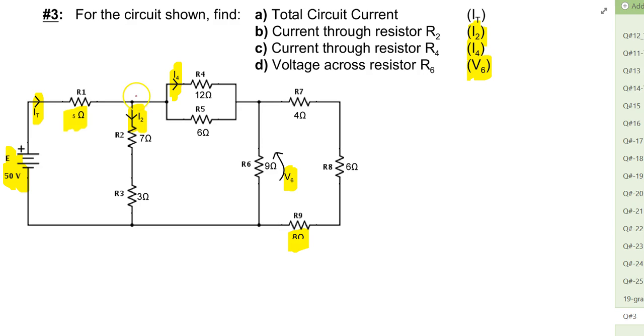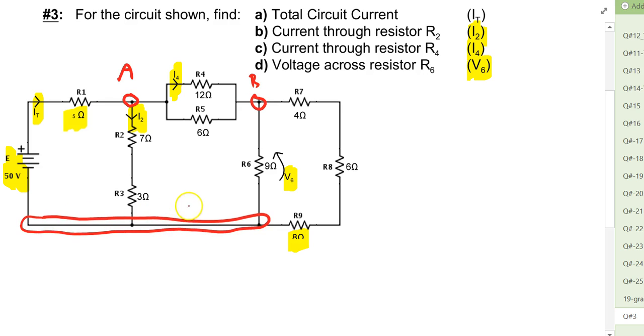In this circuit, then, you may wish to label the nodes as, for example, A, B, and down here at the bottom, let's say node C. And so the voltage between points B and C would be the voltage across R6 or across the combination R7, 8, and 9 in series. And so that very often is helpful in the solution of these circuits.